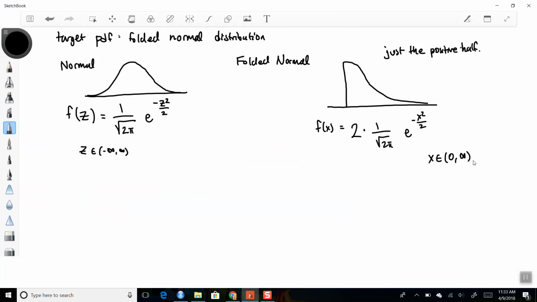And we're doing the folded normal rather than the normal because the folded normal goes from 0 to infinity, and we have another distribution that goes from 0 to infinity that's very easy to sample from using the inverse CDF method. Okay, and so our proposal distribution is going to be the exponential distribution with lambda equal to 1.